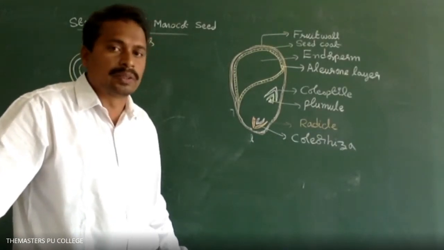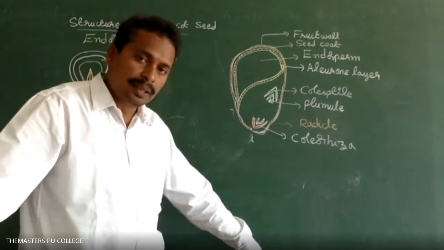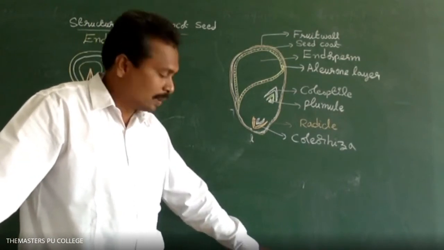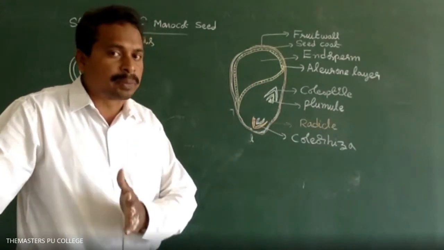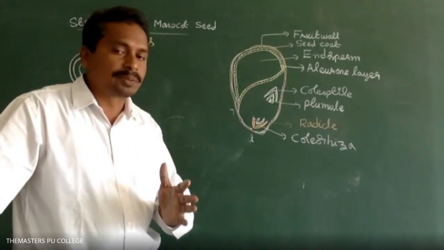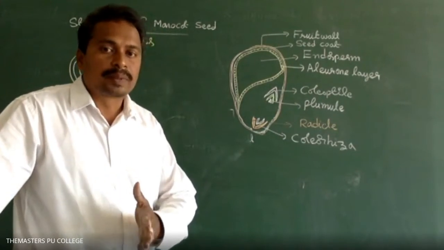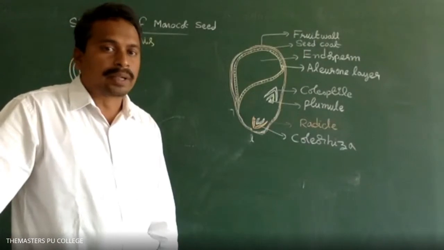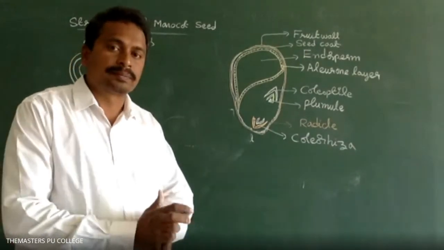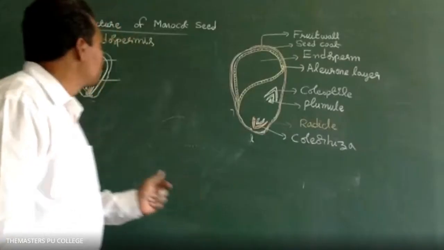In coconut seeds, the liquid endosperm is present initially, and gradually the liquid stage disappears, meaning the liquid endosperm is converted into the solid stage. Okay, is it clear? Yes, sir. Thank you. You're welcome.